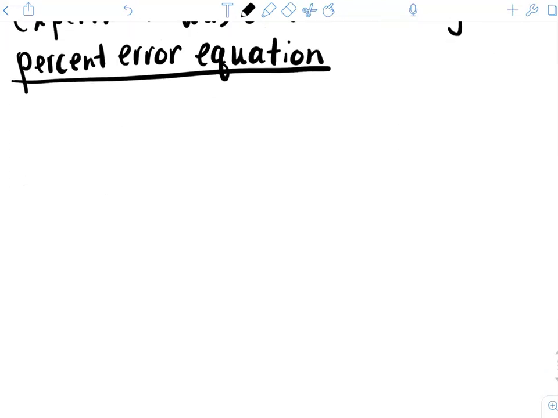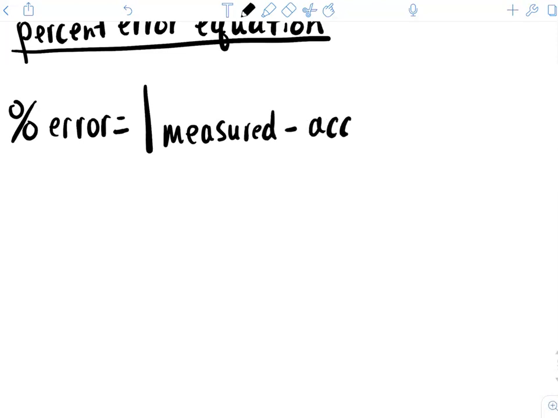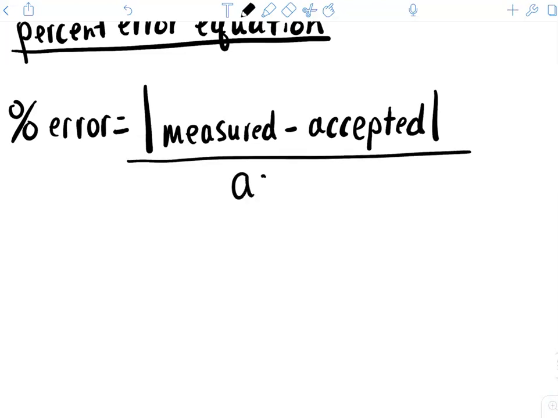The percent error equation is that your percent error equals the absolute value of your measured minus your accepted. So remember, accepted is your actual. Divide it by your accepted, and since this is a percent, you have to times all of that by 100.